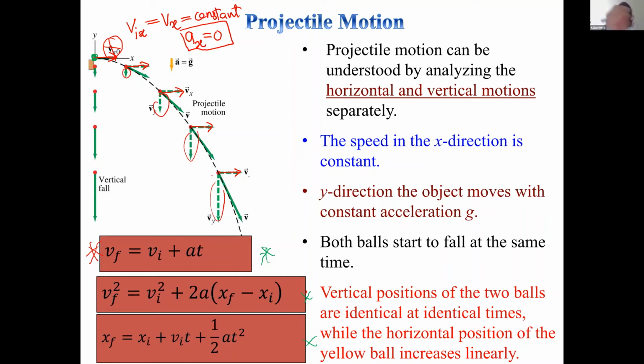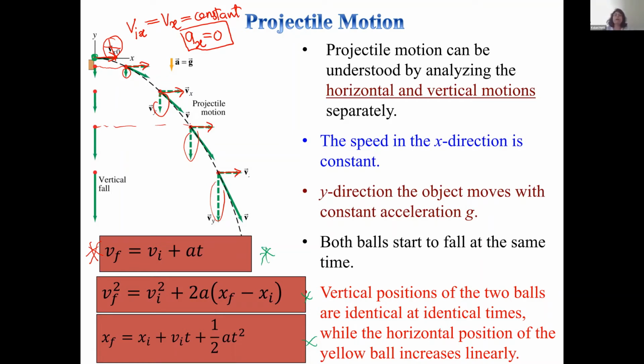Now in addition to that, if you take a very small time interval, say 1/60th of a second, these two balls are going to stay on the same level, the free-falling object and the projectile object. They both move the same amount of displacement at the same time. They are staying on the same level, you see, in some seconds.